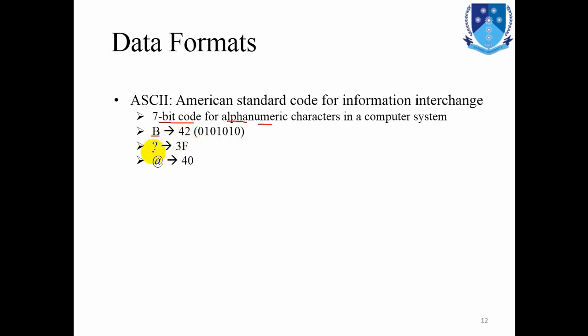Similarly, for the question mark, a binary number is used whose equivalent is 3F in hexadecimal. If we convert the 3F into binary, those 7 bits will be used for the representation of the question mark. Similarly, for the symbol @, the hexadecimal number 40 is used.